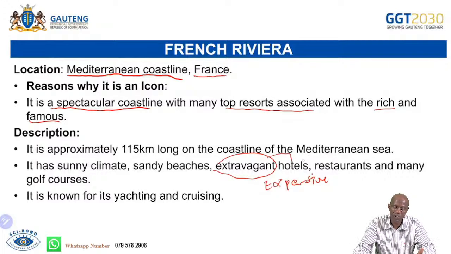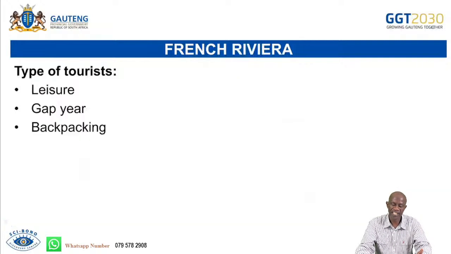It is known for its yachting and cruising. These are the activities along this icon, the French Riviera. It will attract leisure tourists, gap year, and backpacking type of tourists.